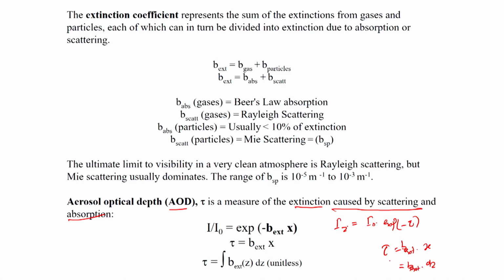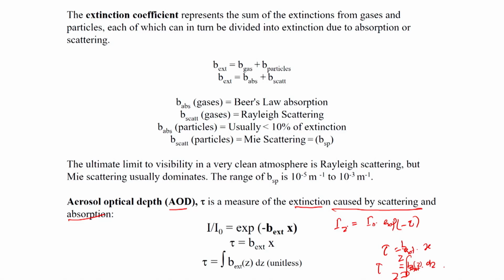If you are writing beta extinction into dz, then you have to integrate z from 0 to whatever height you are taking. Beta extinction will be a function of z, and then you can calculate tau.